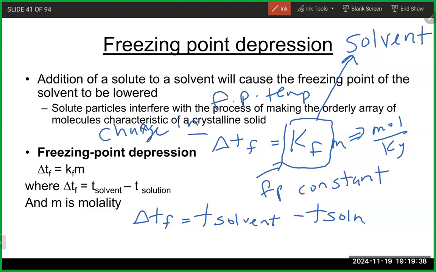If you do it in the opposite direction, you will add when you should subtract, or subtract when you should add. This is the equation for change in freezing point temperature, and this is when we add something that is non-ionic to a solution. So again, basically molecular or non-ionic compounds added to a solution.